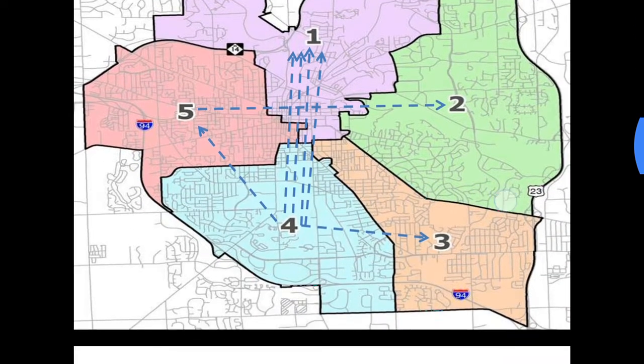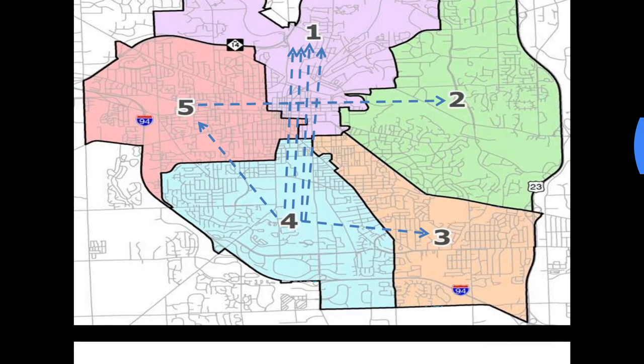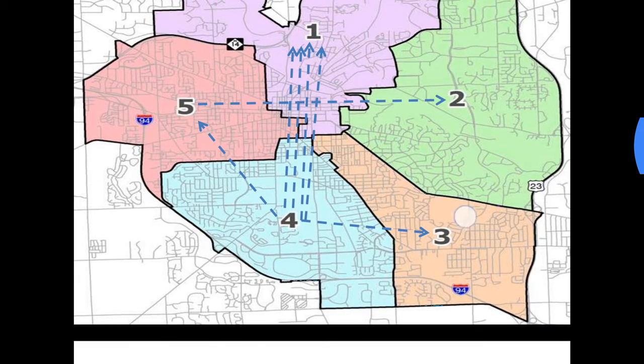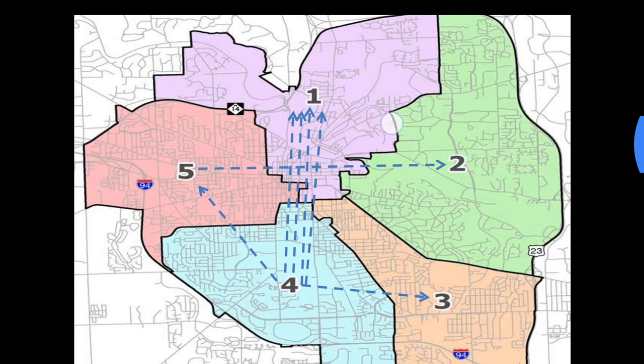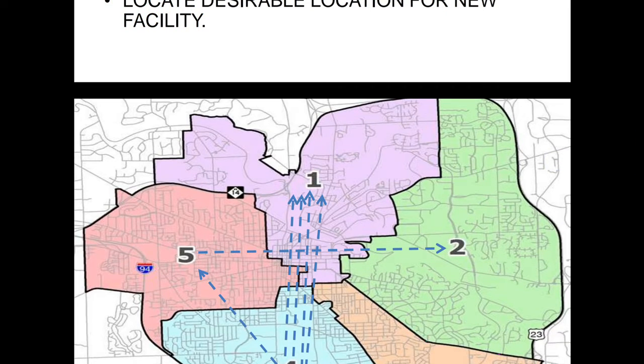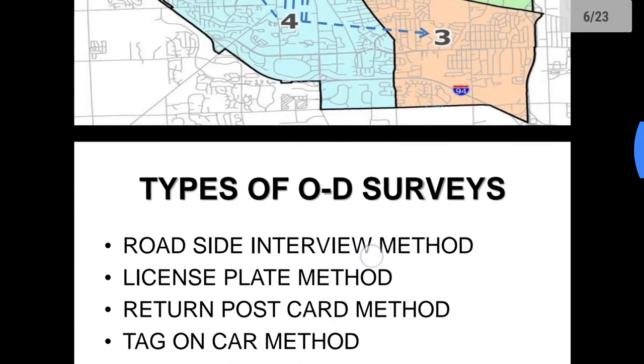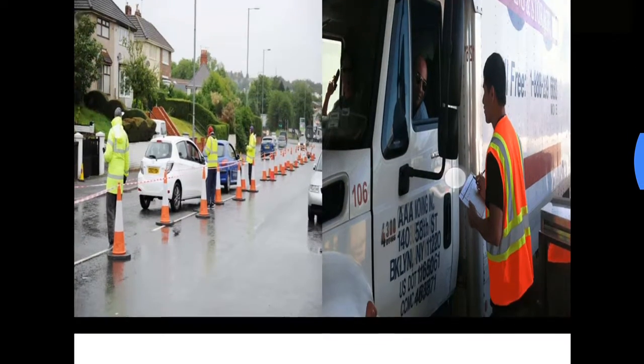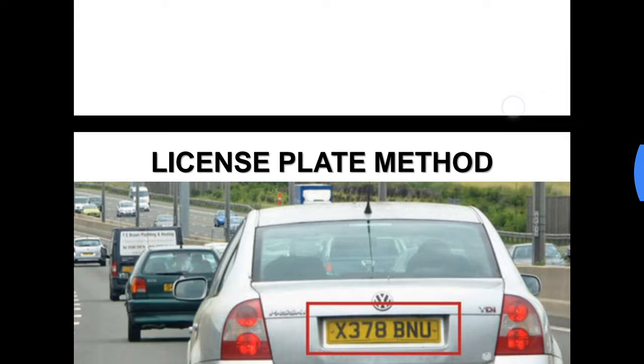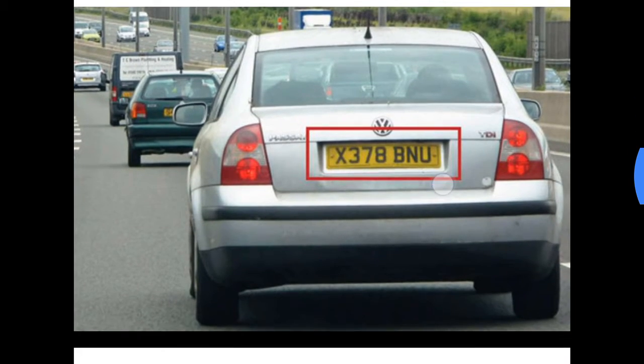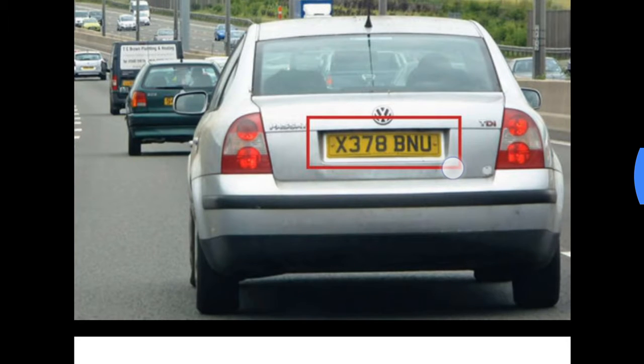So there would be surveyors placed at every road which gives an entry to this study area. Whenever a car enters the study area, the time of entry and the license plate number is noted. And similarly, when the vehicle leaves that study area, the time of exit and the license plate number is noted.